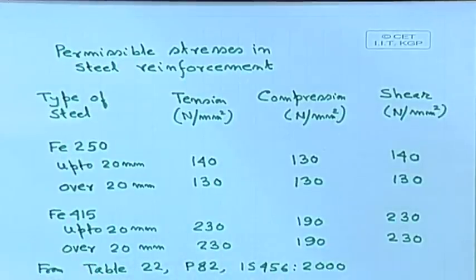You can get these values in this code, but you should keep them in your exercise book also, because we require them for our calculation. So, these are the limiting values for concrete and for steel.